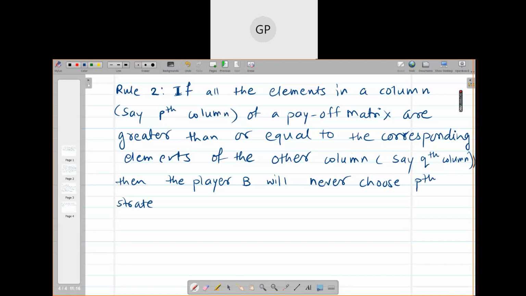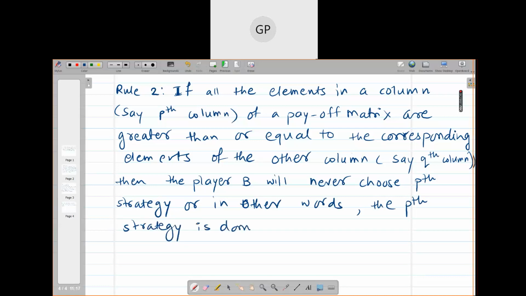Player B जो है, he will never go for that strategy which will give him maximum loss. Or in other words, the pth strategy is dominated by qth strategy.